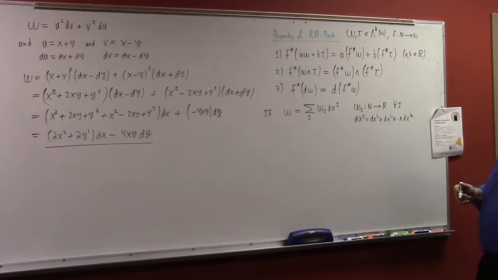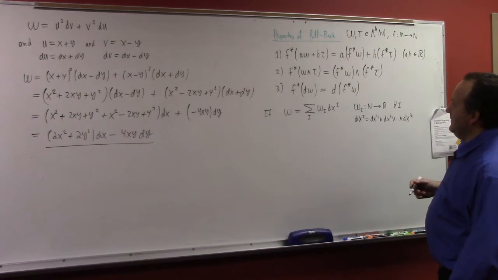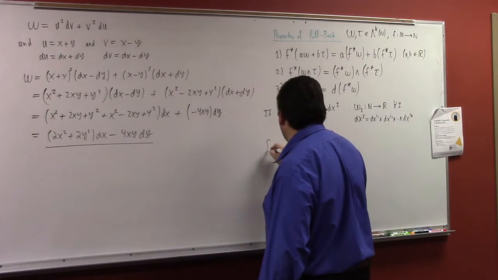So if I take the pullback of omega, how's that go?